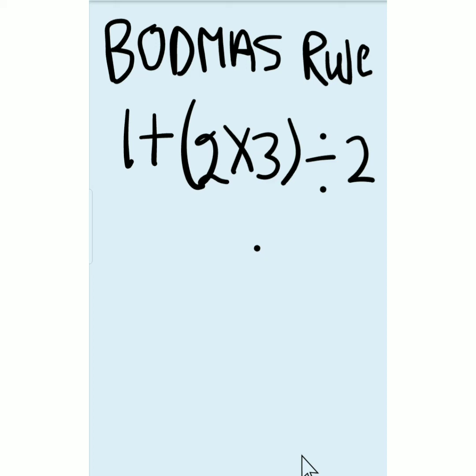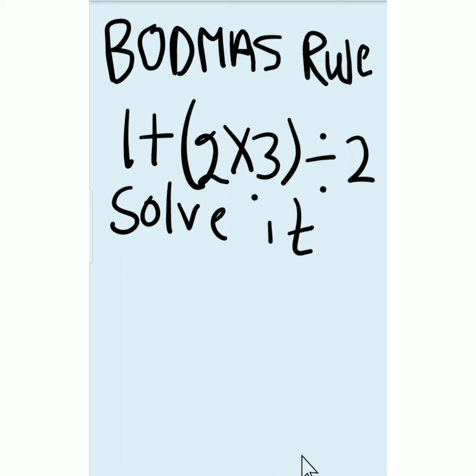What is the question? The question is to solve this, or evaluate it, or calculate the answer, or simplify the expression. These are all the questions related to this example.